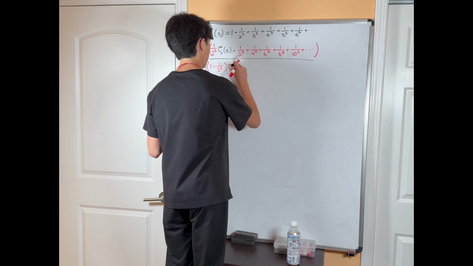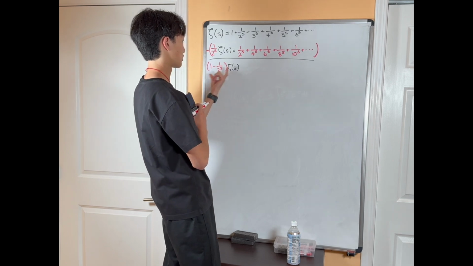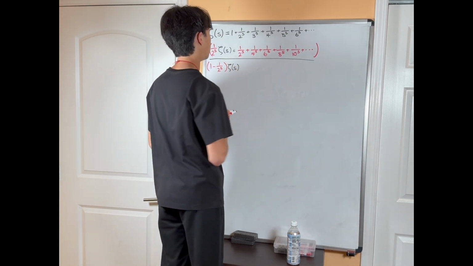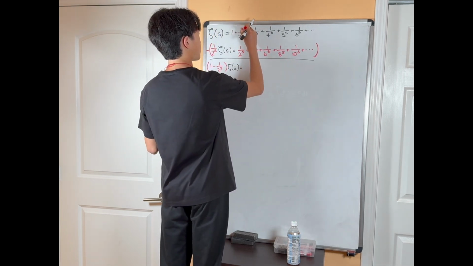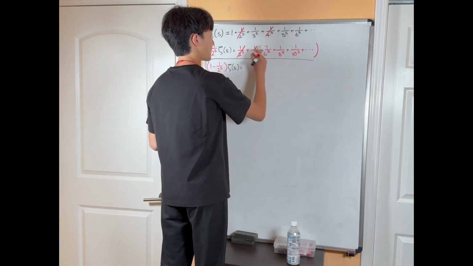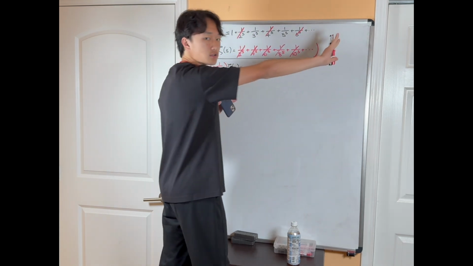Because you can all agree that 1 of these minus 1 over 2 to the s is just this value of the zeta. Okay, on this side, right here, this and this cancel, this and this cancel, and then they cancel with terms further along.